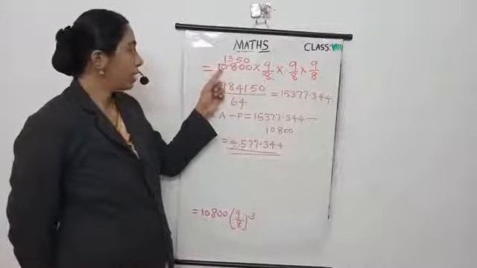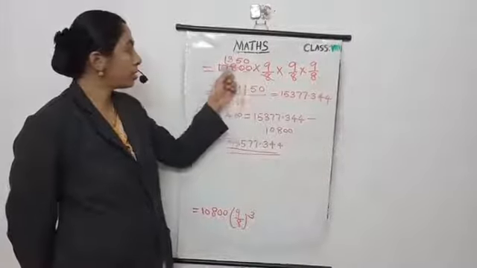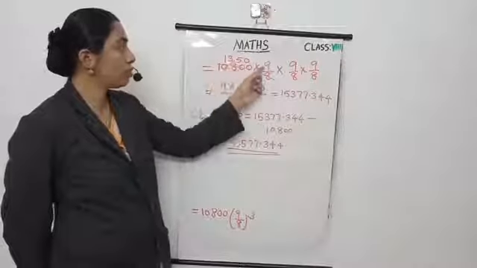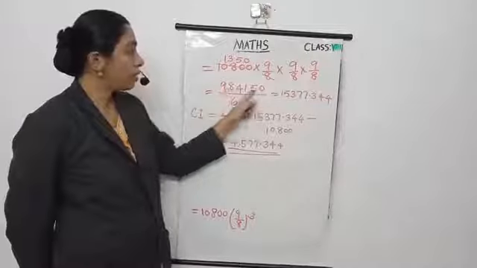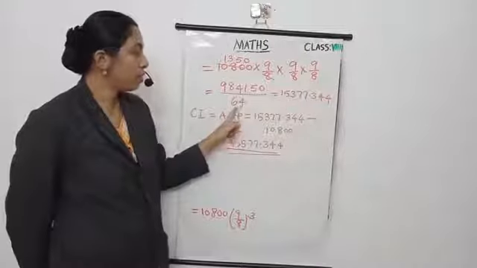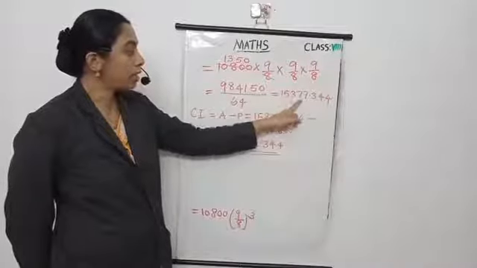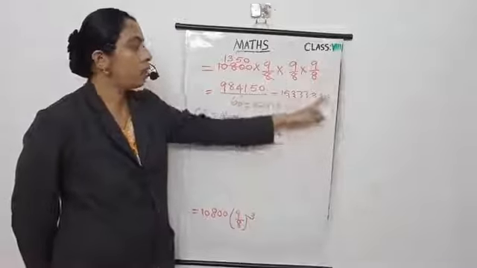So divide 10,800 by 8, we get 1,350. Now multiply 1,350 into 9 into 9 into 9. We get this number, and 8 eights are 64, and dividing, we get 15,377.344. This is the amount.